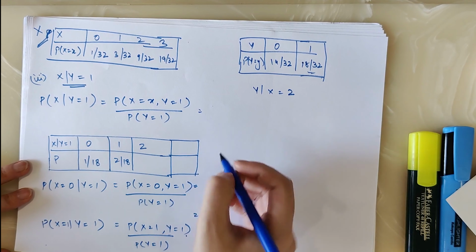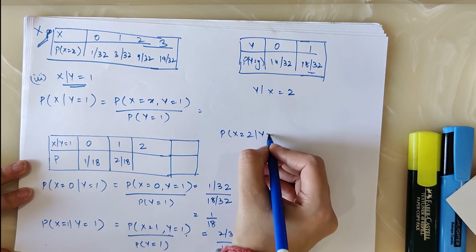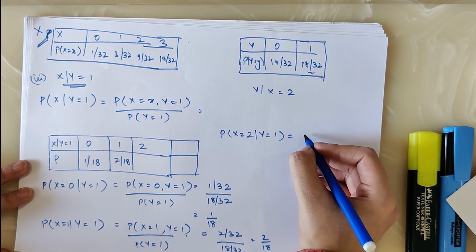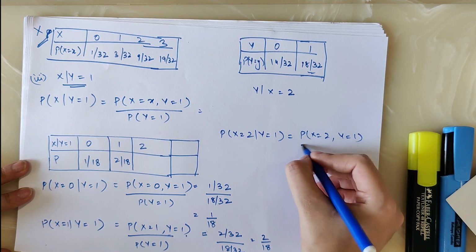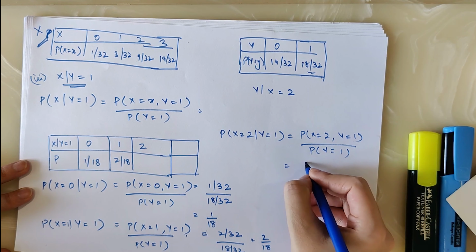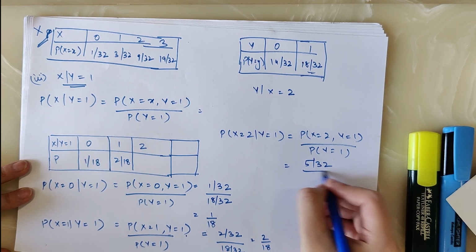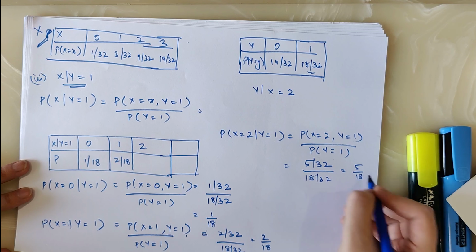Now for x is equal to 2, probability x is equal to 2 given y is equal to 1 is probability x is equal to 2, comma y is equal to 1 upon probability y is equal to 1. This is 5 by 32 upon 18 by 32, which is 5 by 18.